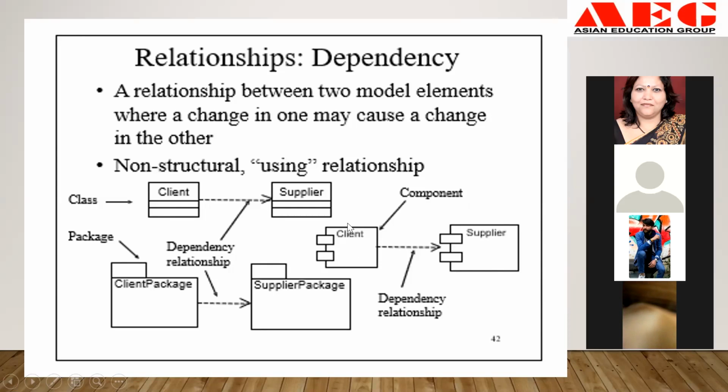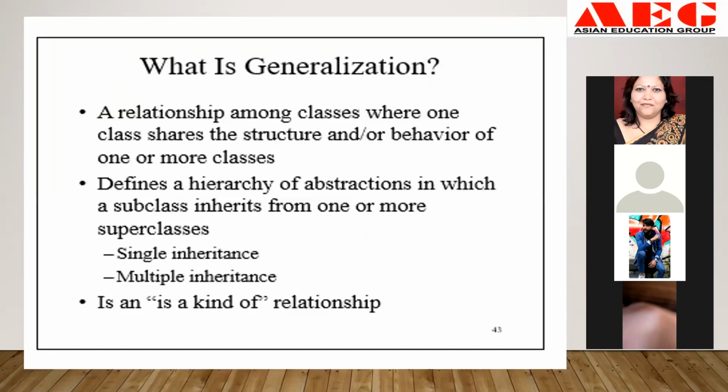So the client is dependent on the supplier. This is a dependency relationship. We can create any type of diagram. You may be asked to create a component diagram for the same case study, or I can ask for the class diagram for the same case study. So it depends on our choice.